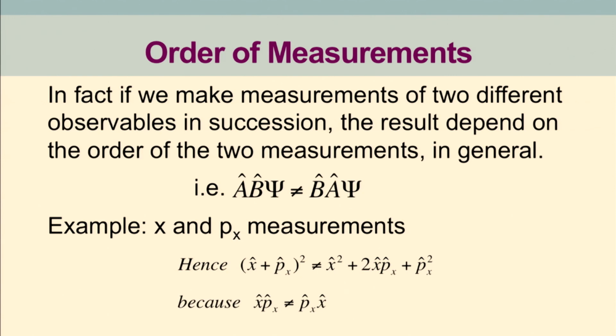So unlike classical physics, in quantum mechanics the order of measurements makes a big difference depending on what you measure first for a given quantum mechanical problem.